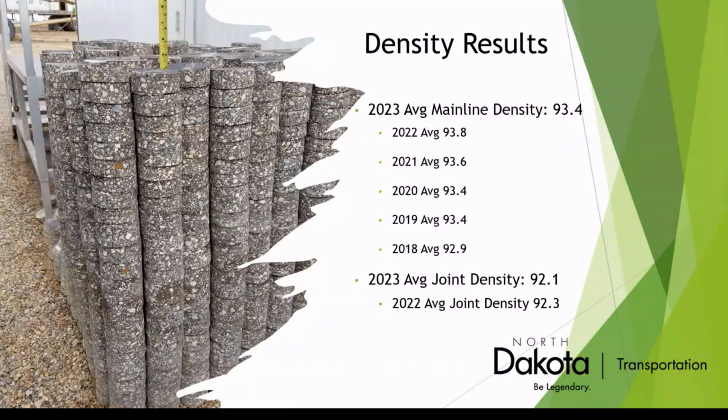Again, this is Tyler's data. I just wanted to show it again. Go through his videos. Well done. A lot of good information in there. This is the average mainline density number in 2023. It was 93.4. So that's basically the project averages, which are based on a summation of the lot averages, which are based on the sublot averages.